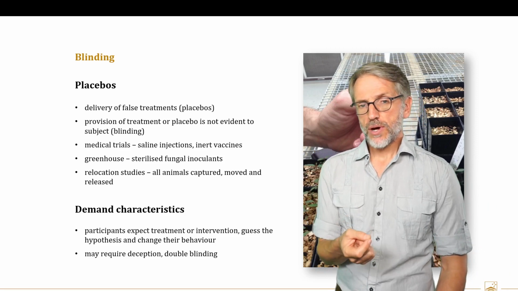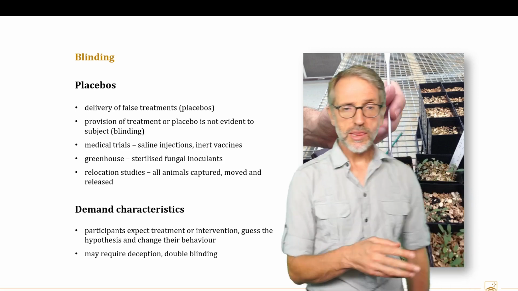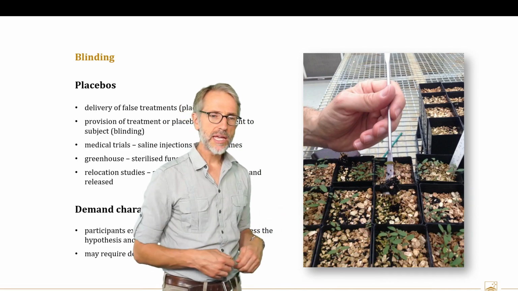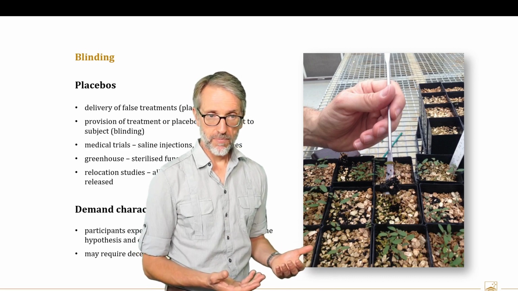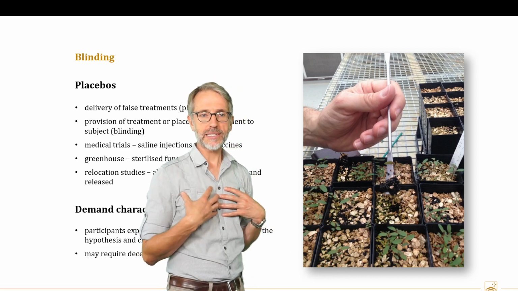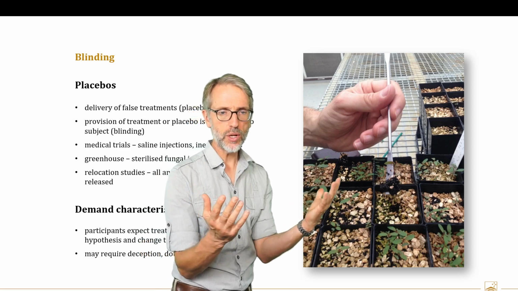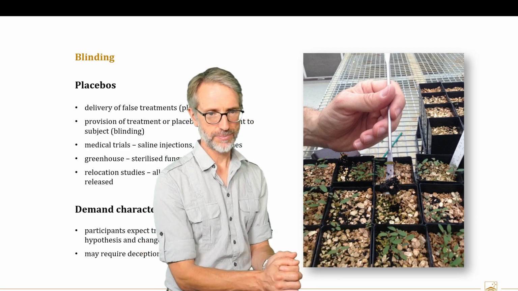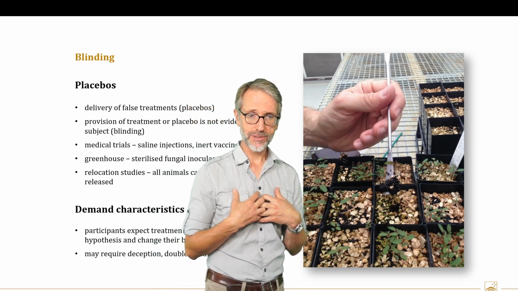In research, we try to blind at many levels. We try to label our experimental units in a way in which we don't know what species they are, what family they're from, whether they are treatment or control themselves. We want, as experimenters, to conduct our experiments as blind to what the individual is as possible, because we are also a source of bias.